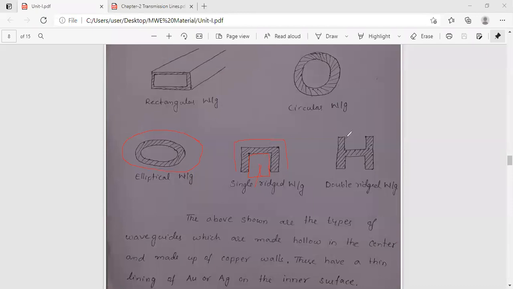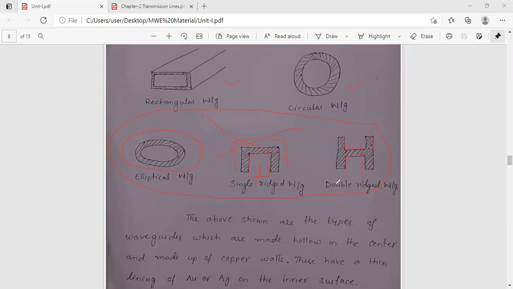And you can see in the next diagram, it is open on both sides, and it is called double ridged. So the shape itself shows that it is a double ridged waveguide. But these are very rarely used, so we are not going to concentrate much on these types of waveguides. We'll be concentrating on either rectangular or circular.